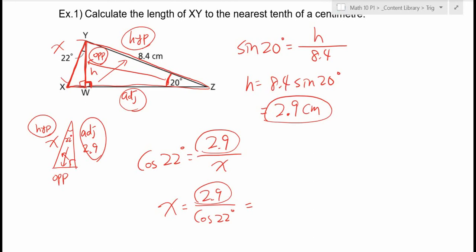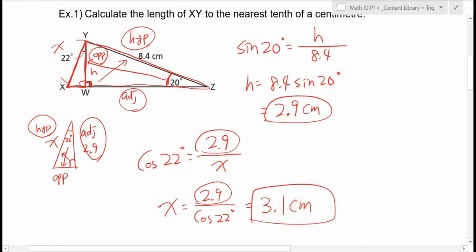You don't clear it. You actually want to use the value on the calculator, and just take that and divide it by cosine 22. Whatever you have on the screen, just use that number. Then you get the final answer of 3.1 centimeters. Okay, that's the final answer.